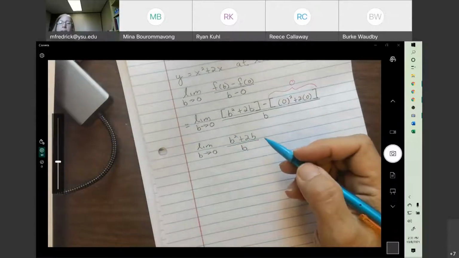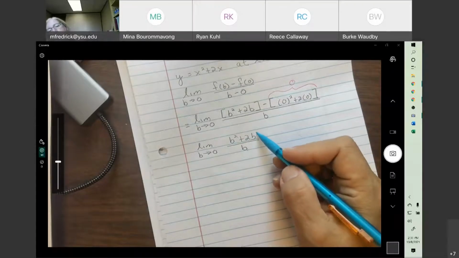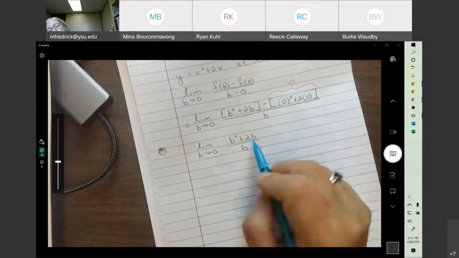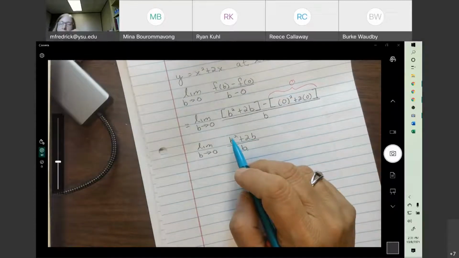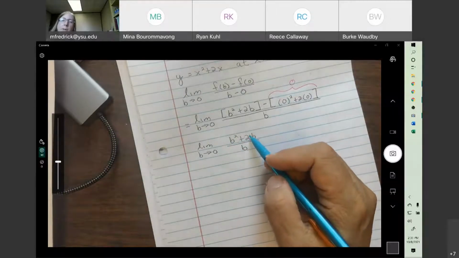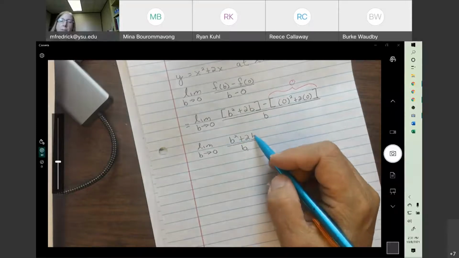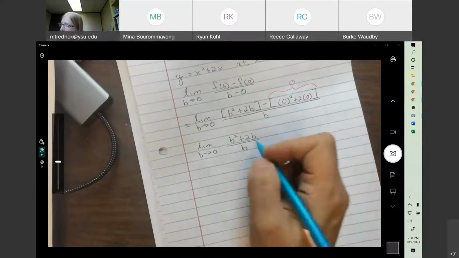One way of simplifying is to factor. One mistake would be to just cancel these two b's. In this case, because you're plugging in 0, you're still going to get the same answer, but not in any other case. So you have to remember, if you have more than one term on top and bottom, you cannot just cancel it. So we'd have to factor the b out first.